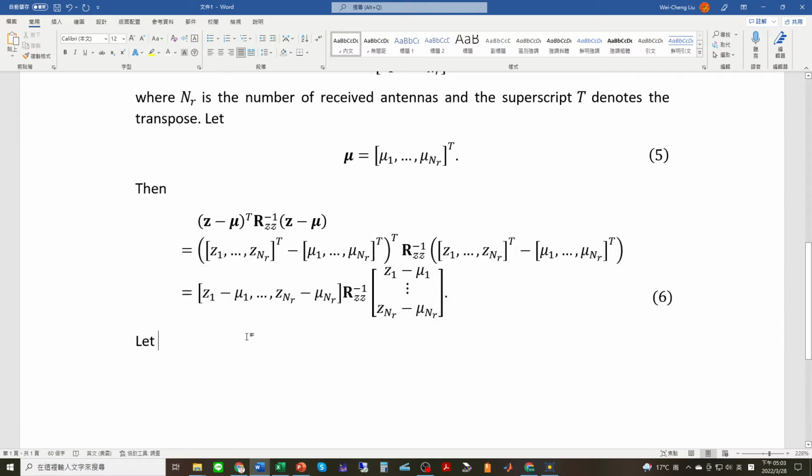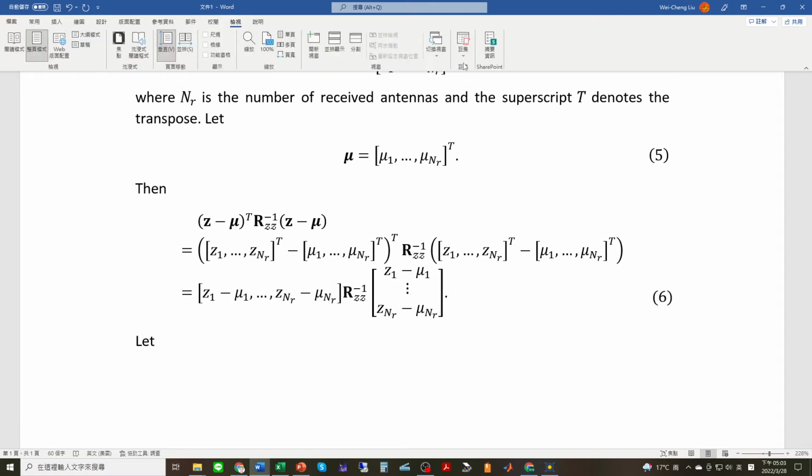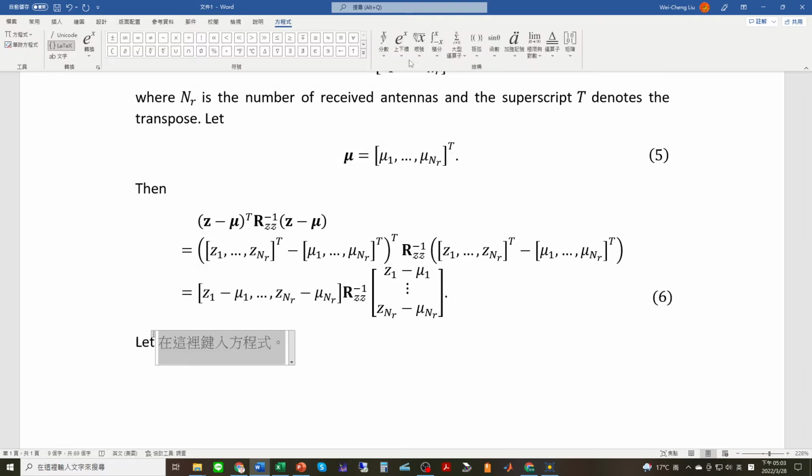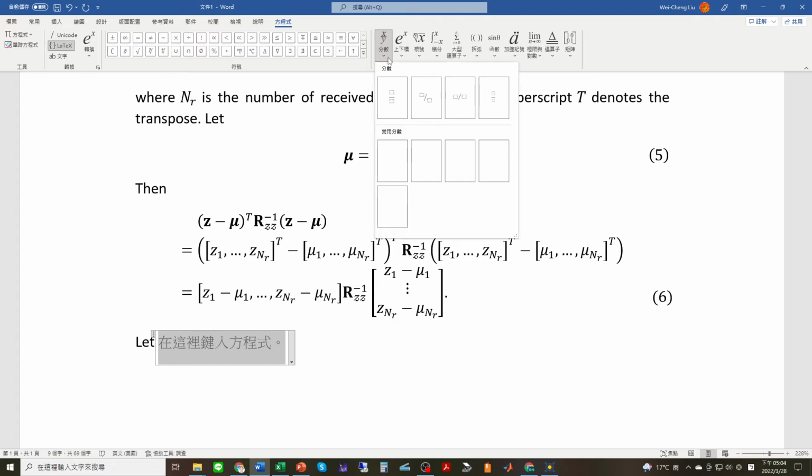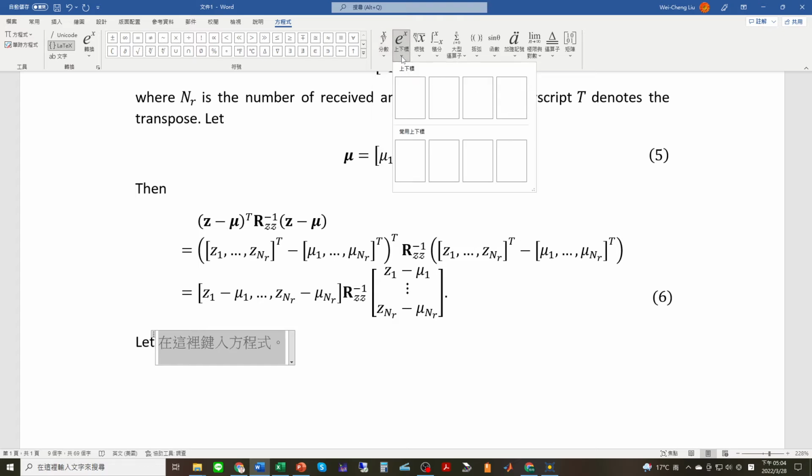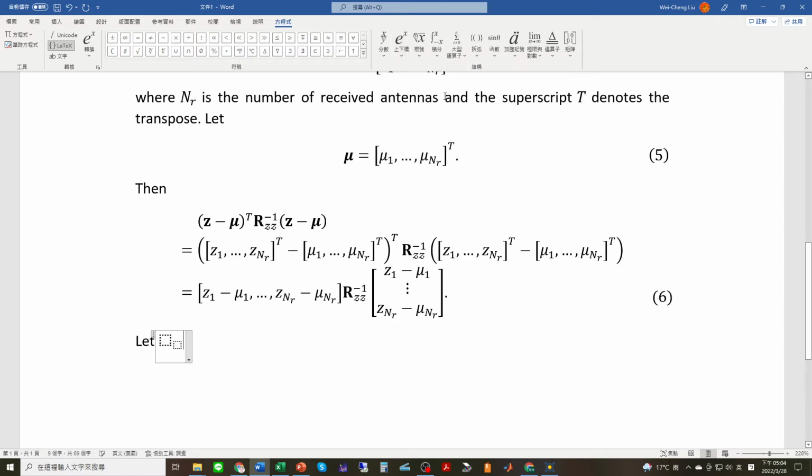Next, let RZZ. Wait a moment. We need an equation here, and a subscript here, and a bracket here, and I copied RZZ inverse here. And here is i comma j and italic.